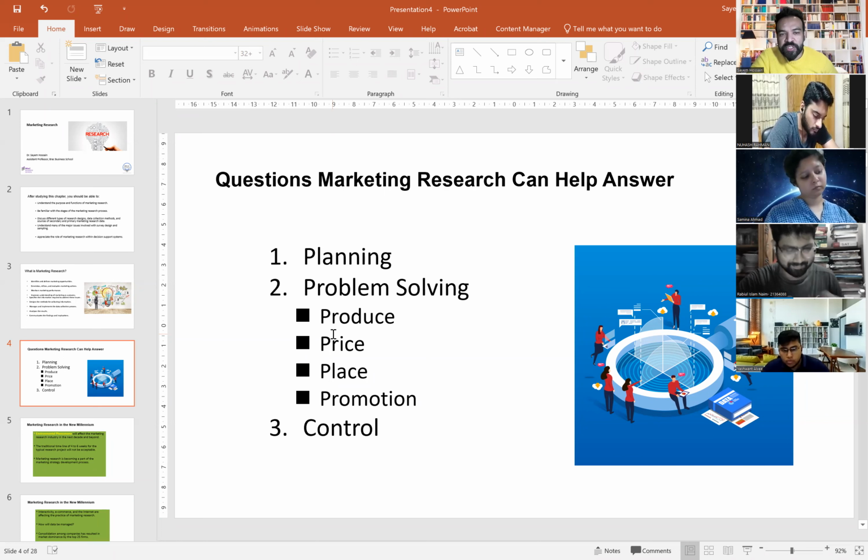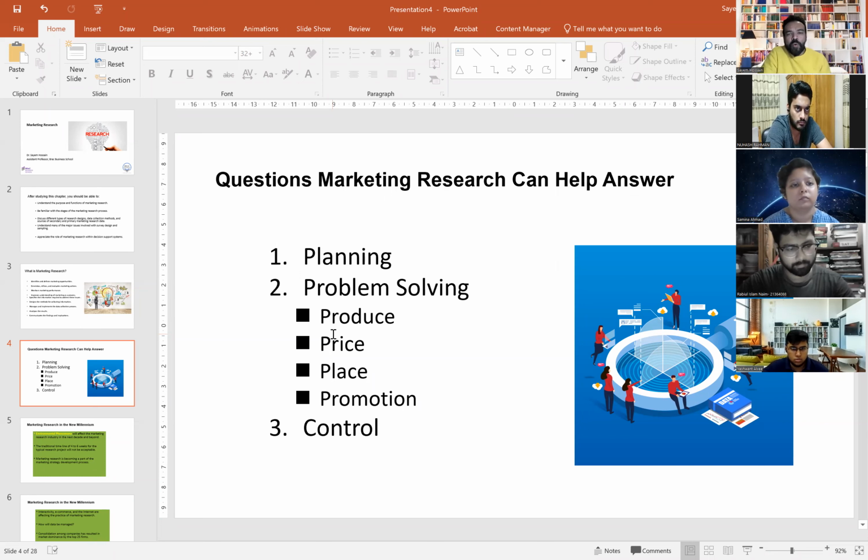We've come across this concept: product, price, place, and promotion. Marketing mix is obviously your foundation when it comes to marketing. So whether primary or secondary, whatever type of research you undertake will give you information about your product, your price, your place, and your promotion.